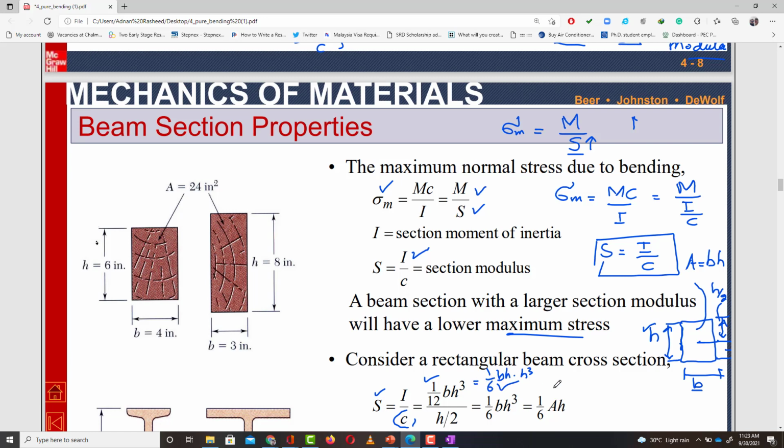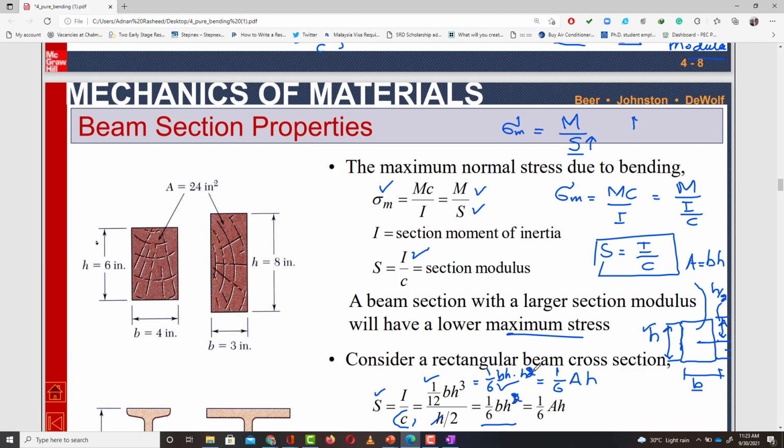And this bh is area. Clear? Acha, one h will be cancelled.